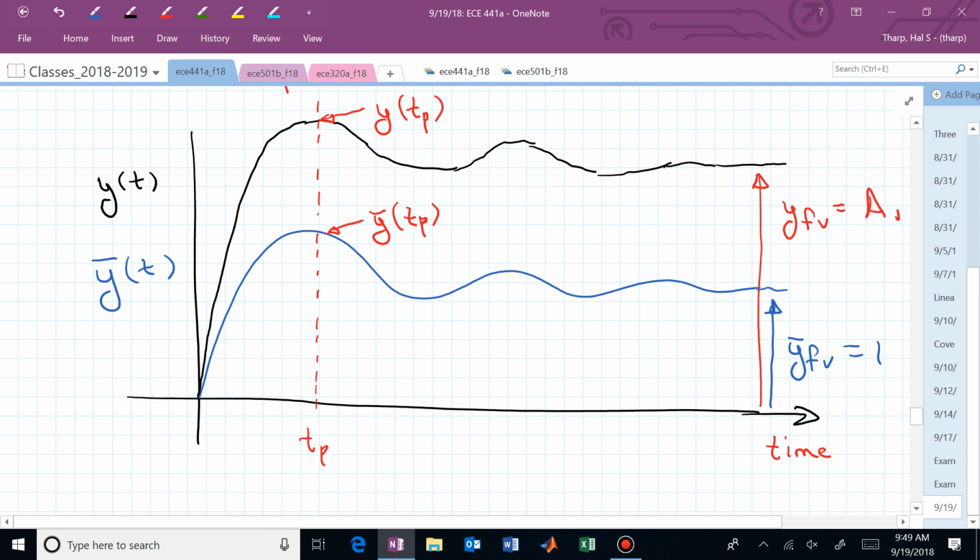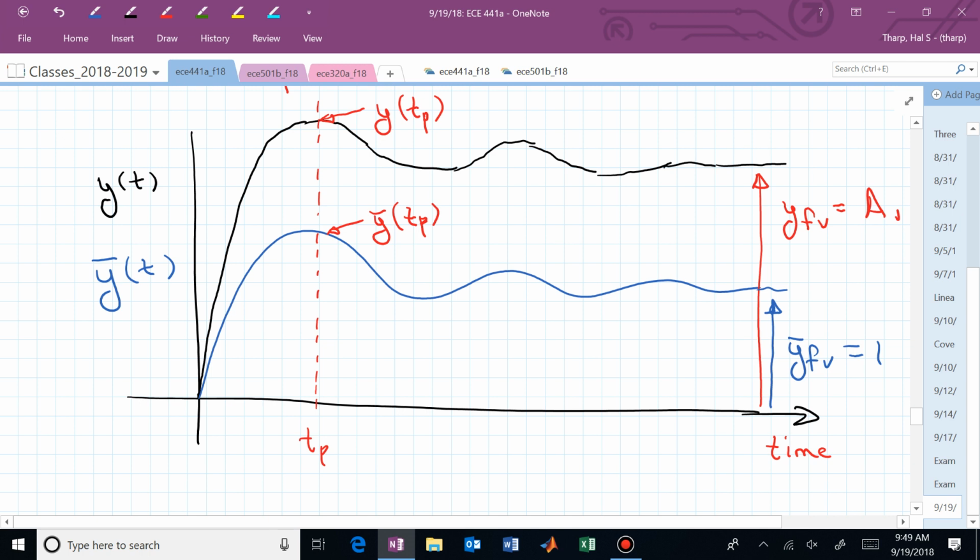Once we have the peak value and the final value, which we know is 1, we can find the percent overshoot. And once we have the percent overshoot, we can solve that for zeta. That percent overshoot will be a function of zeta. And that's where that messy formula with pi squared in the bottom comes from.